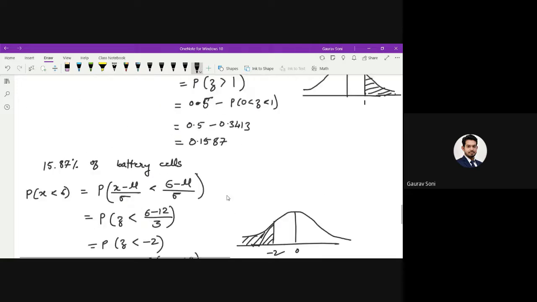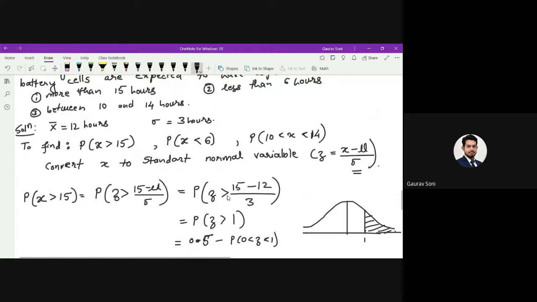Now I want you to do the third one. Probability of 10 less than x less than 14. I'll give you the two values, those are required.